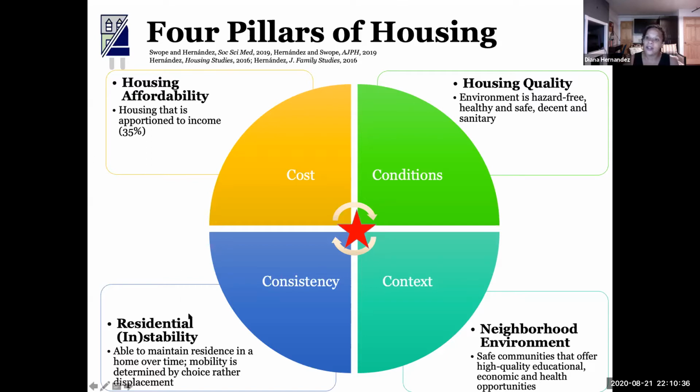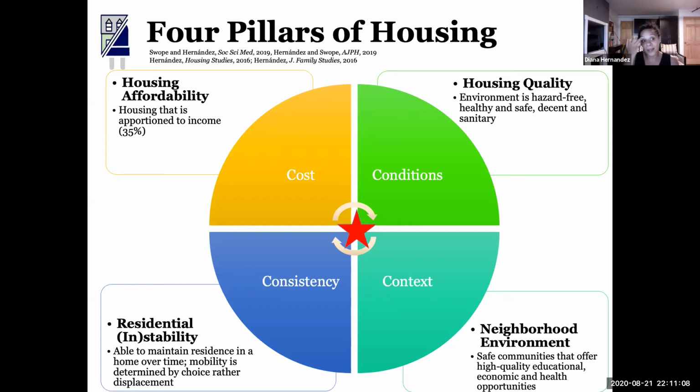And then there are questions of housing instability or stability, and that is a mixed bag. On the one hand, more stability equals greater opportunities for people to have linkages to other social institutions like schools, social networks, healthcare provision, these other links that happen when you have a long-term relationship within your neighborhood.